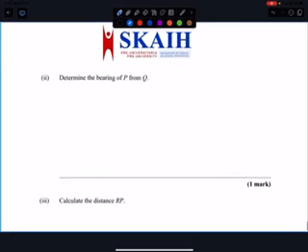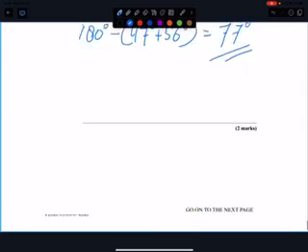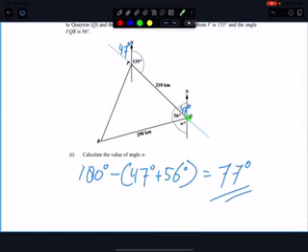The last 2: determine the bearing of P from Q. So you are standing at Q and you need a bearing that goes to P. Guess what? You already have 180. You already have that. Even without W, you could have gotten the answer.